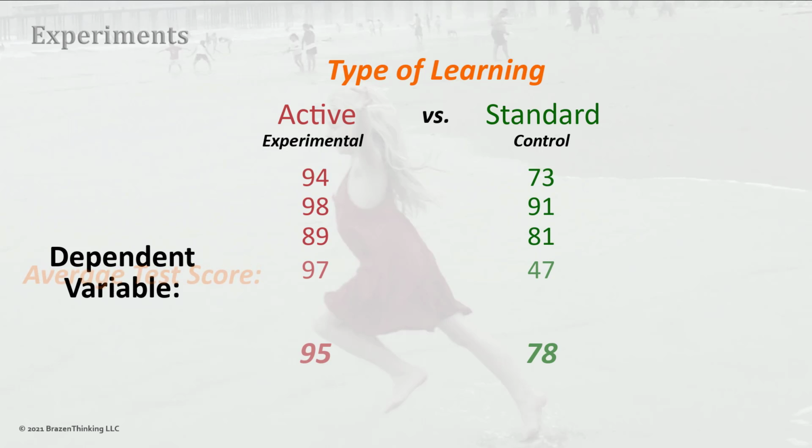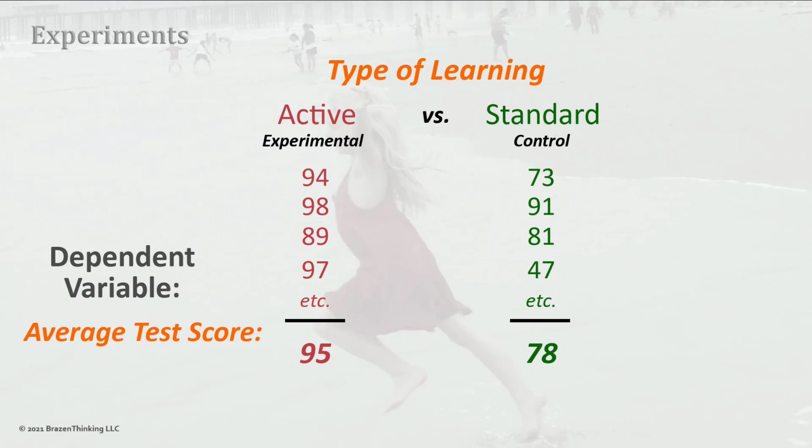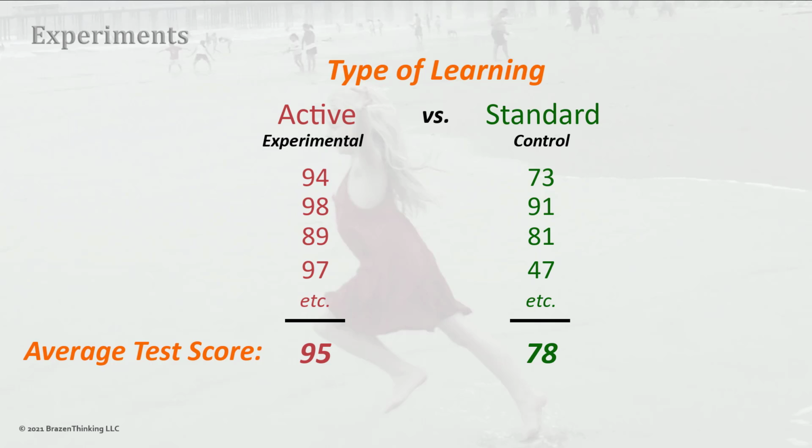So the dependent variable might be grades on a test over the material they were supposed to learn. In addition to looking for that relationship, you'll also have to show that nothing could be responsible for the difference in behavior but your manipulation.